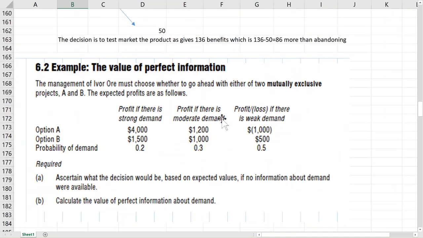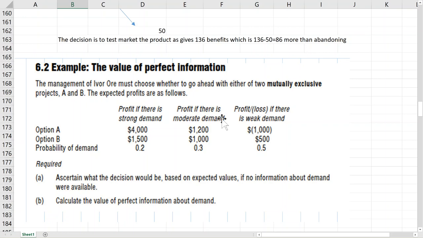Let's continue. We have another topic called value of perfect information. Value of perfect information is used in a situation where we could spend money to get information about what will happen in the future. Maybe there are companies who have done research and they know what will happen.